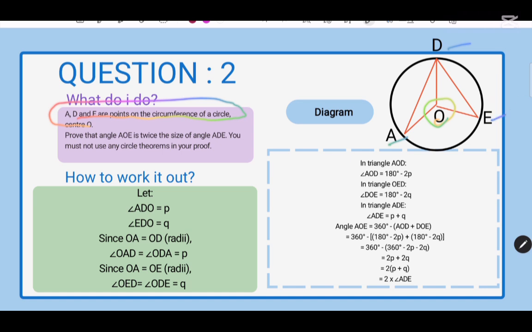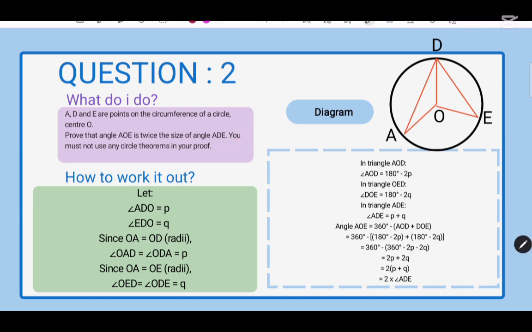Prove that angle AOE is twice the size of angle ADE. So this is angle AOE here, and this angle ADE. We are saying that if this angle is 2x, this one is supposed to be only x. That's what we have been asked to prove. Now, you must not use any circle theorems in your proof.